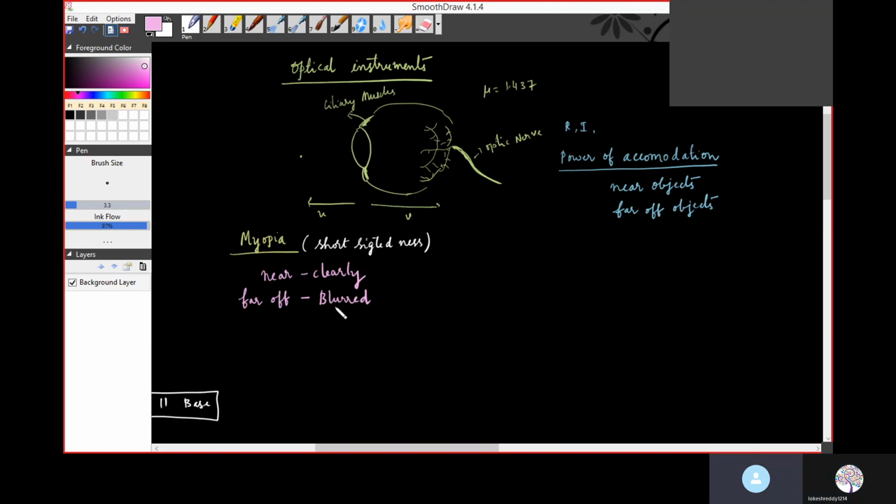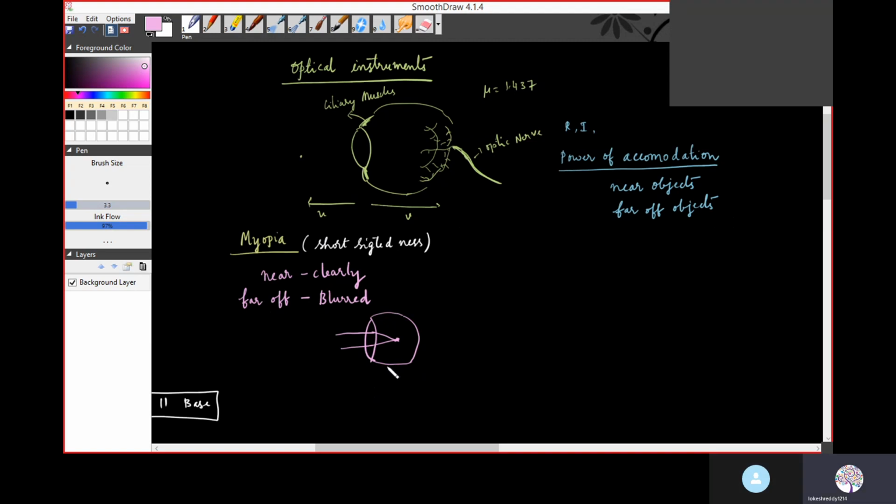Actually here the radius of curvature gets reduced, or the distance between the eye lens and the retina should increase. Because in myopia, this is the lens, and the image will fall here, in front of the retina.